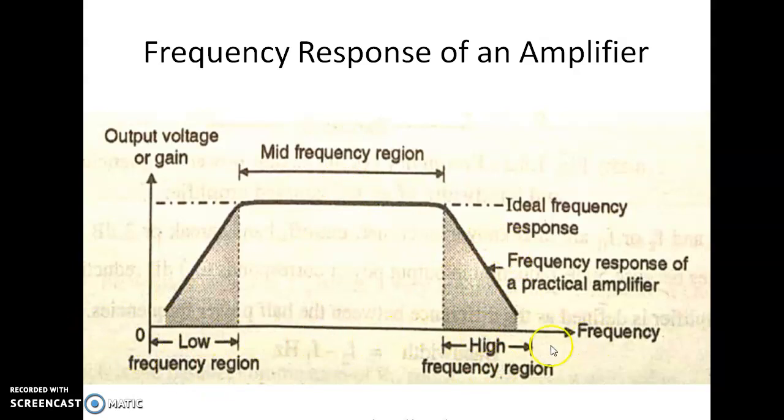The x-axis is frequency, the y-axis is voltage or gain. In the low frequency region, as frequency increases, the voltage gain increases. In the mid frequency region, between the upper frequency and lower frequency, there is the bandwidth. In that band of frequency, the voltage gain remains flat, constant.